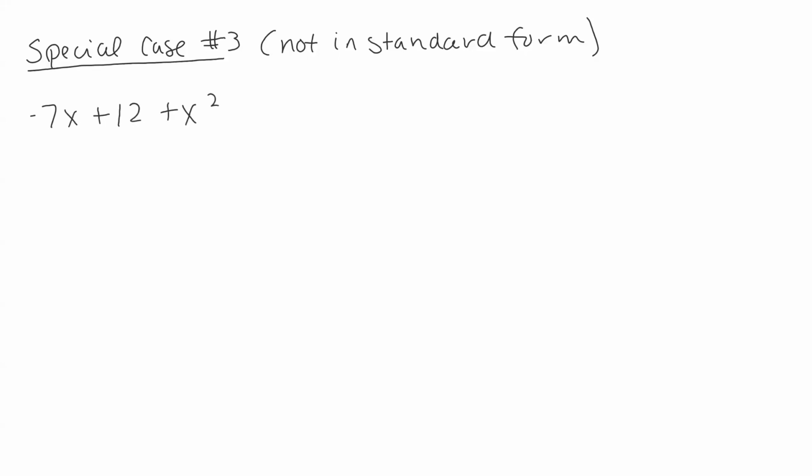This is all sorts of wrong. The very first thing you want to do is make sure your polynomial is in standard form. So we would put this in standard form. Okay, so that would be x squared first, then negative 7x, then 12, and then factor like normal.